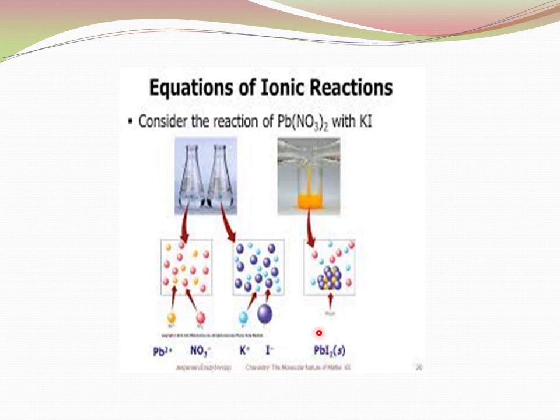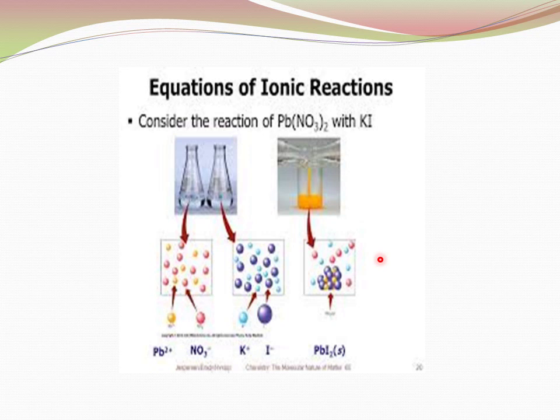Lead iodide, according to solubility rules, is an insoluble substance. Rule number 3 again: all common iodides are soluble except those with lead. So lead iodide is insoluble. Now, potassium nitrate is soluble. So the potassium ion and nitrate ion will stay in the solution as free ions, and you can call these ions spectator ions.